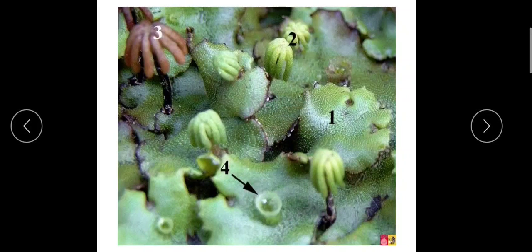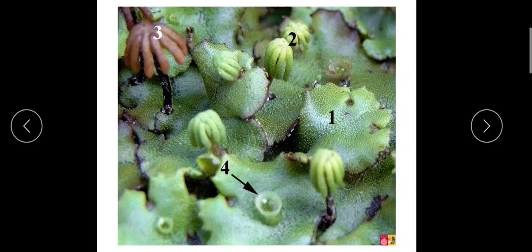The thallus has certain regions which are represented by the air pores or air chambers. These air chambers are seen on the dorsal surface of the thallus as polygonal pores.